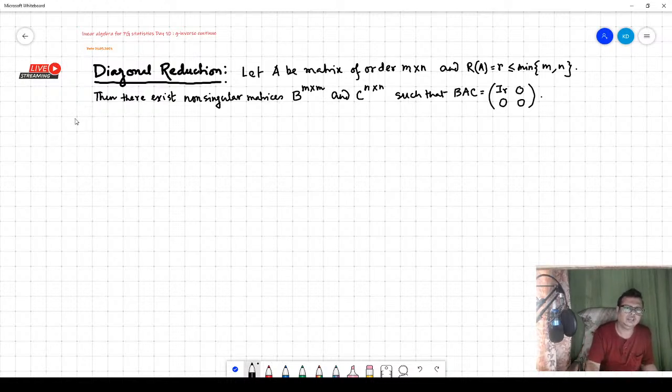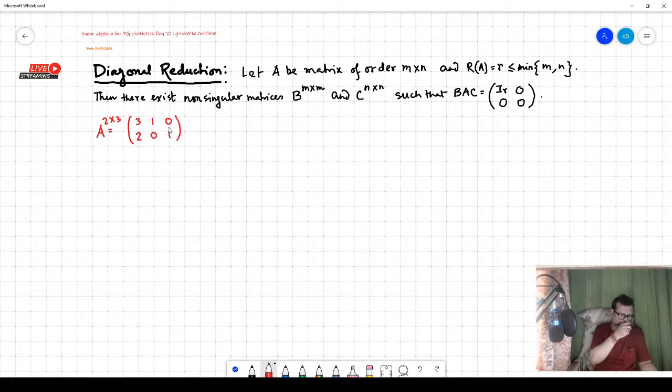So I illustrate this through an example. Suppose I consider matrix A whose order is 2 cross 3 and the elements are given.